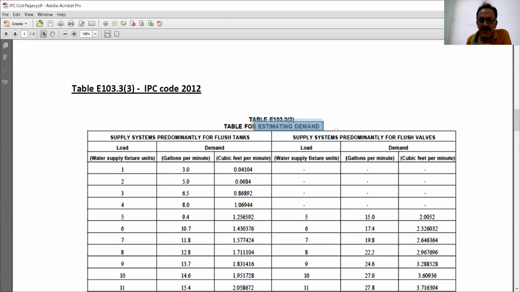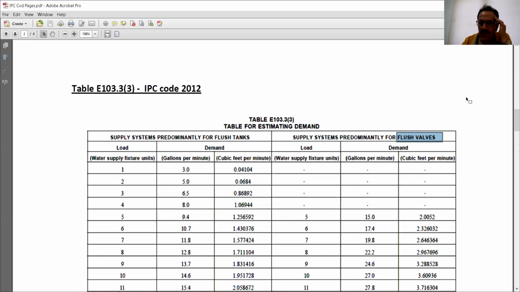The estimation of the demand will not tell you exactly how much it will be for 1 water closet or 1 bathtub, but it will tell you how much it will be for the total load. The total load in my case was 7, but you have to be careful which type of building you have. Is it flash tank or flash valve?